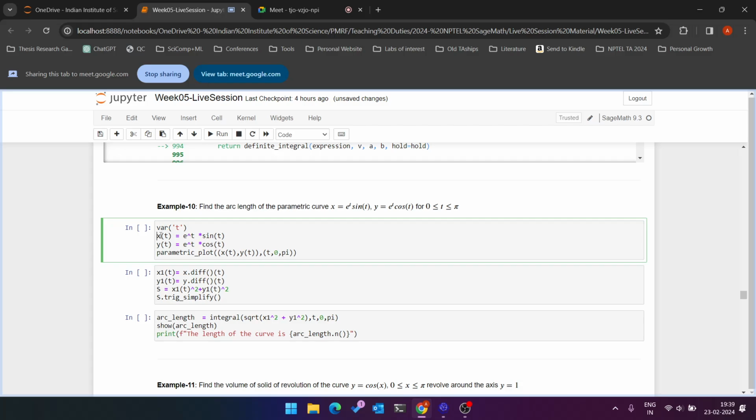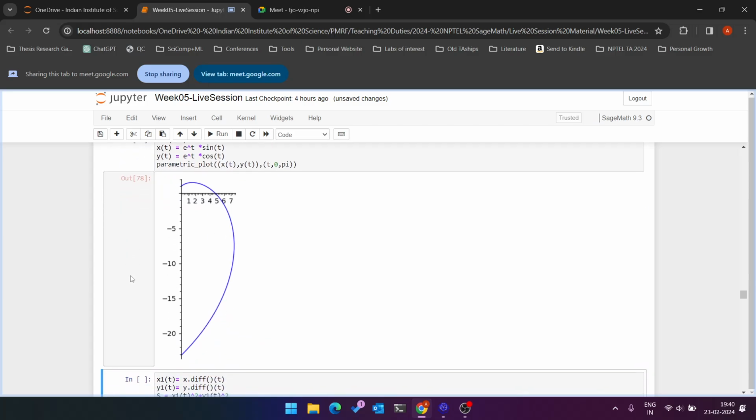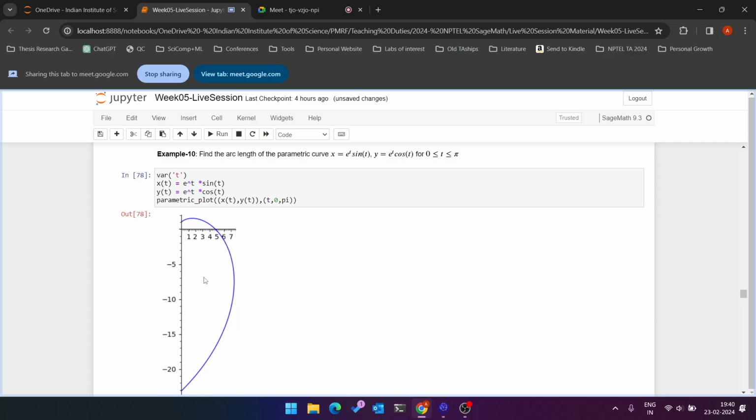Here we are writing x of t, so x of t basically tells SageMath that x is now an expression, not the default variable x that SageMath assumes. Similarly, we define y of t, and if I do a parametric plot for x of t and y of t, I see this thing.